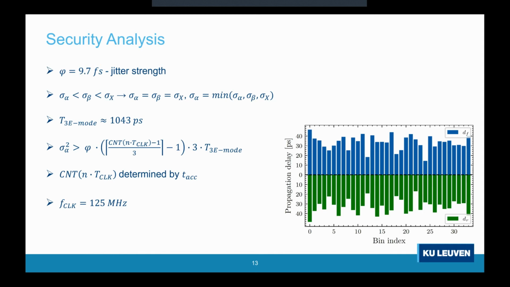For our platform, having Zynq FPGA, we calculated the jitter strength to be around 9.7 femtoseconds.